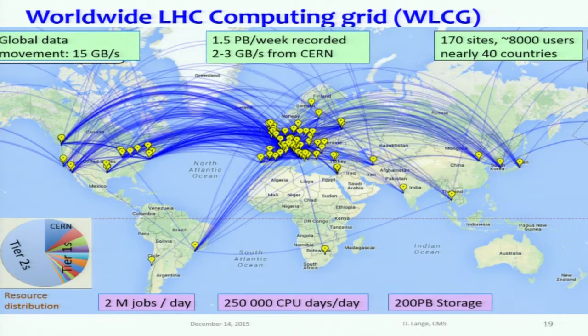I showed a few slides back this distributed computing network. That's the Worldwide LHC Computing Grid, or WLCG, which you may have heard about in other contexts. The pins on the map show, at least in cartoon form, where the large sites of this grid are located.